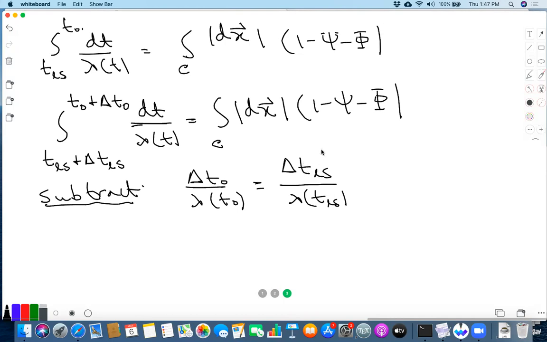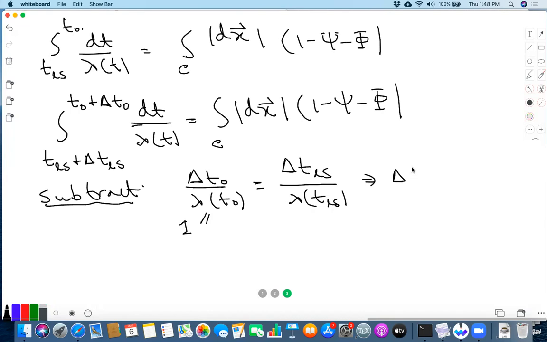That we will account for later. This just says that imagine that a signal starts at t LS and a little after, at t LS plus delta t LS. That's what this delta t LS means. And if the original signal reached at t naught, the next signal reaches at t naught plus delta t naught.